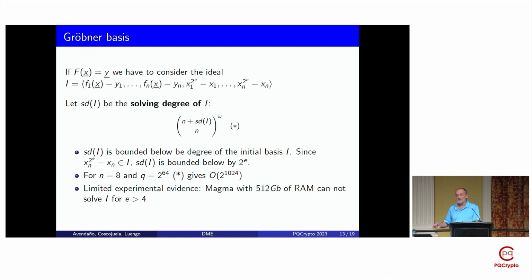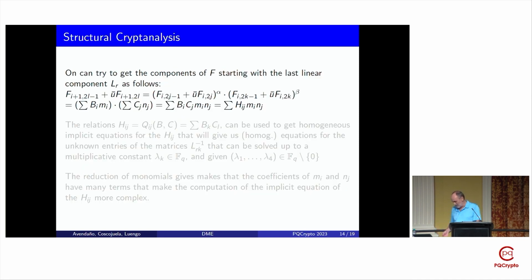For instance, we have a computer with half a terabyte, and we can solve this Gröbner basis only for 2 to the 4. So this is far away from 2 to the 64. So maybe with a few terabytes we can get 2 to the 5 or something like that. But you know, we need more experimental work.